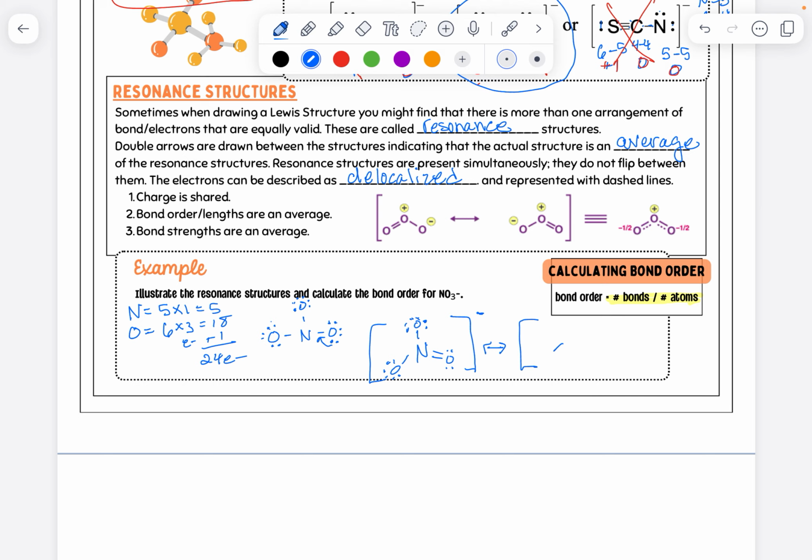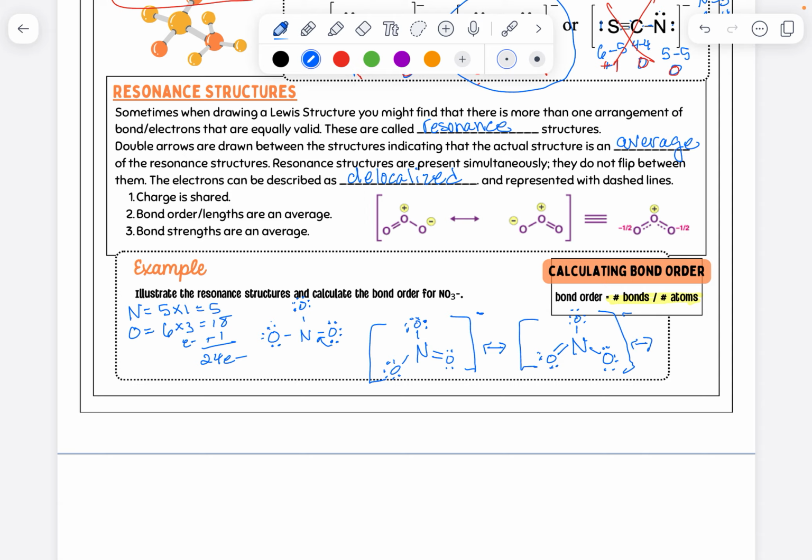So now I'm going to put the double bond on this oxygen. Make sure you add your lone pairs. And then you got to draw the negative.